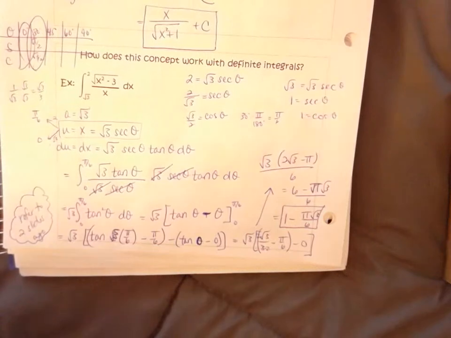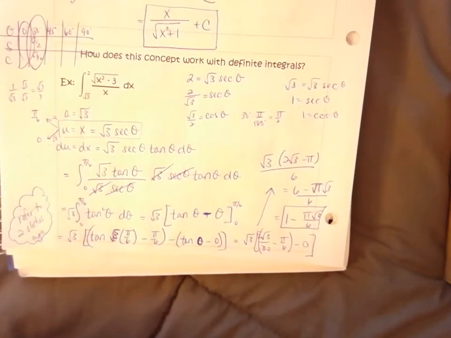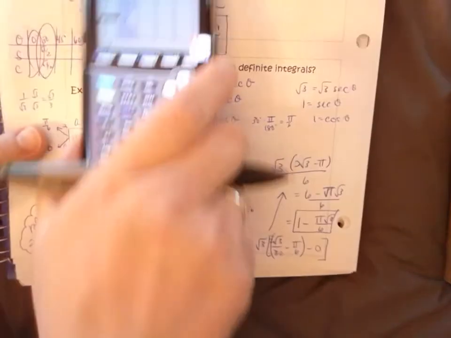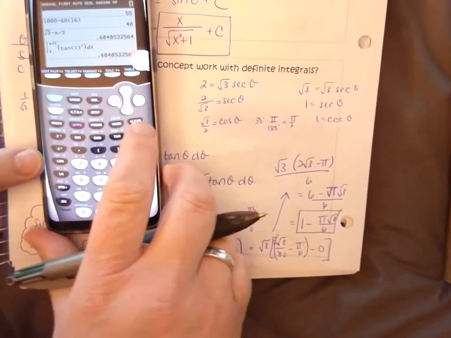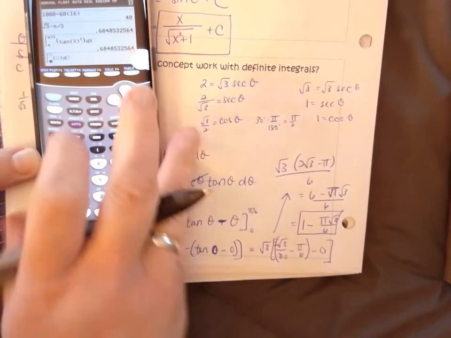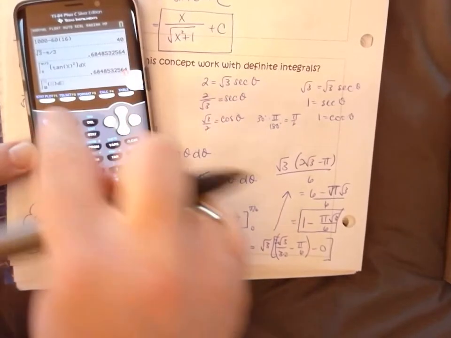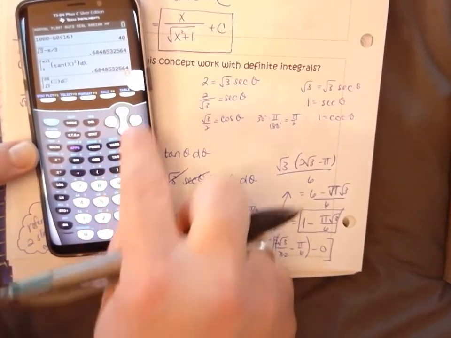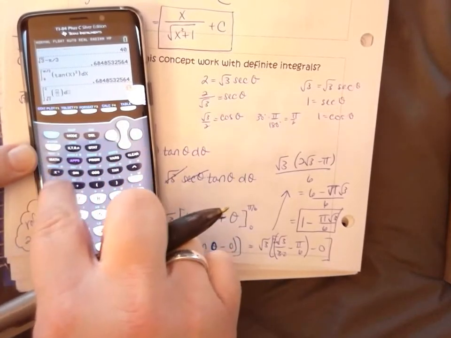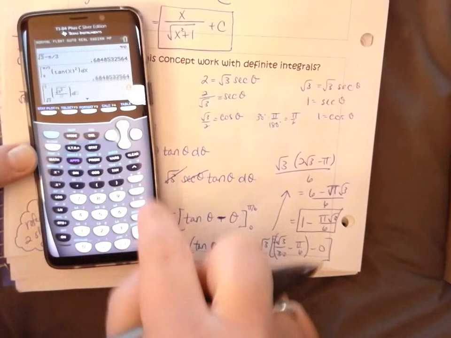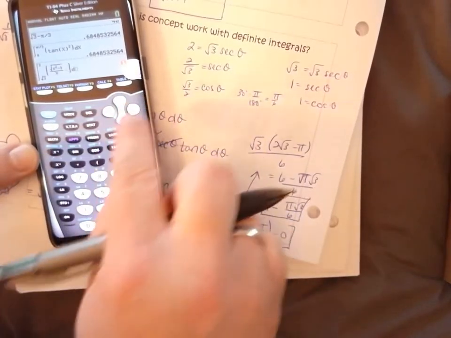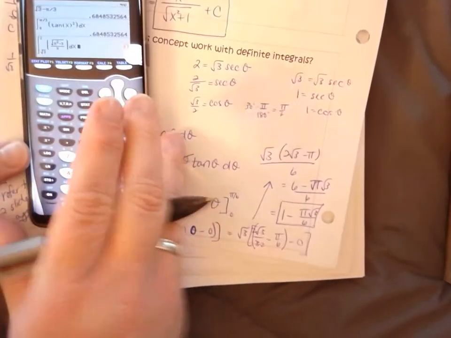you know, off the top of my head, I don't know if that was the right answer. I certainly don't ever settle on definite integrals. I always check with my calculator. All right, if I'm going to do the integral from root 3 to 2 of the square root of x squared minus 3 over x dx.